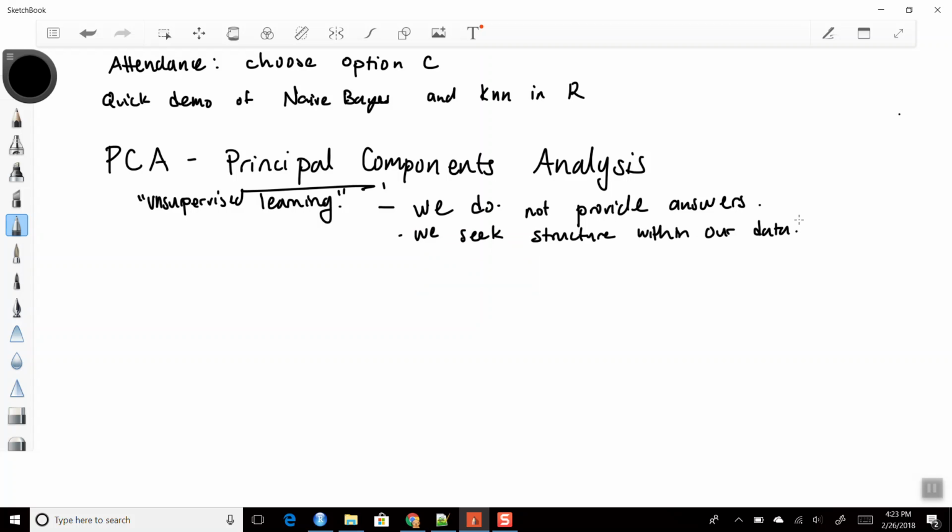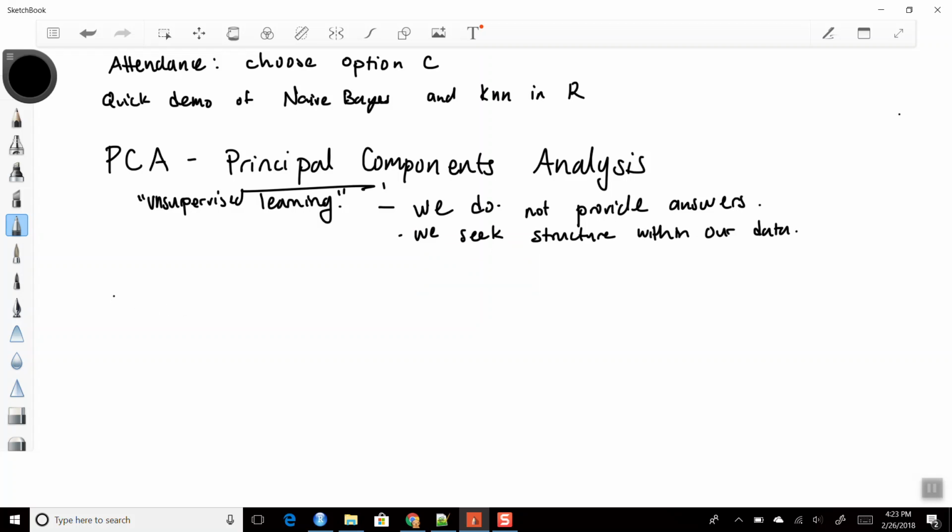Principal components analysis is a way for us to look at a data set with many dimensions and try to reduce it down to a few dimensions that capture the most amount of information.